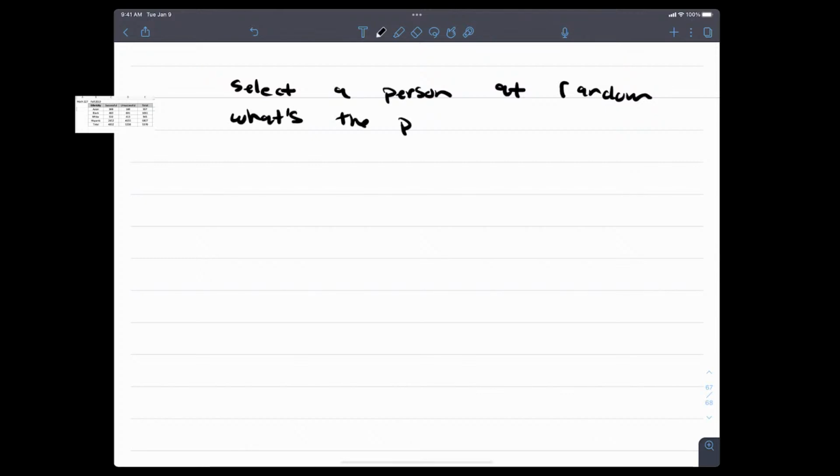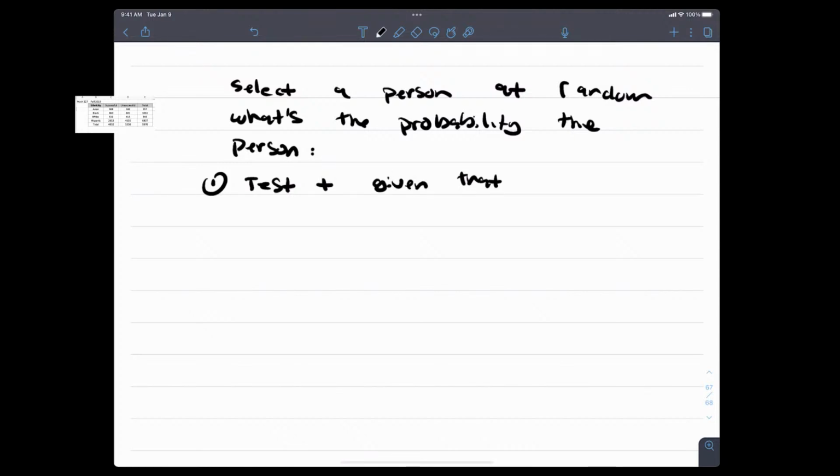What's the probability the person, I'm going to ask you two questions here. Question one, test positive given that the person is not infected.